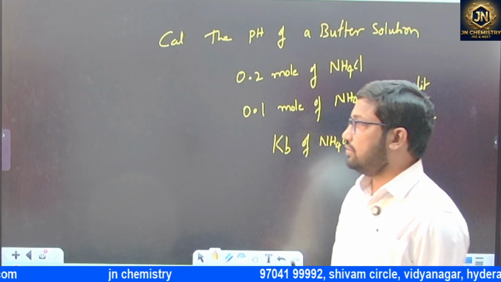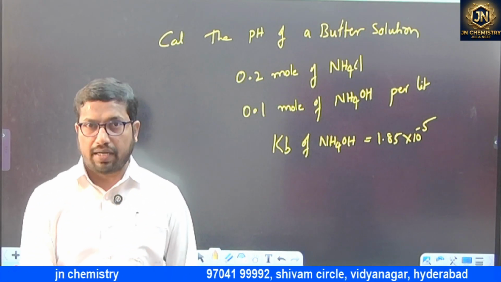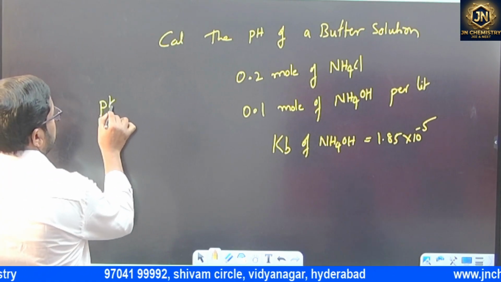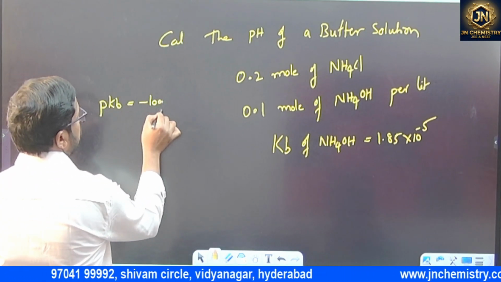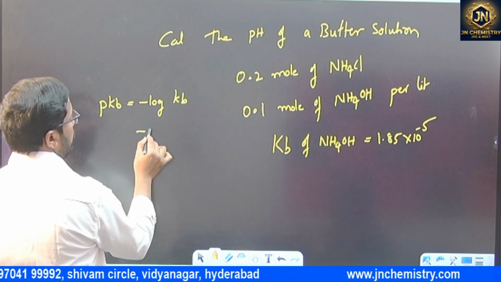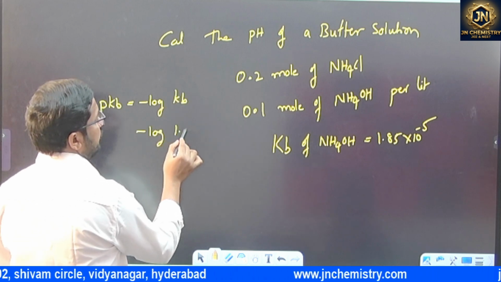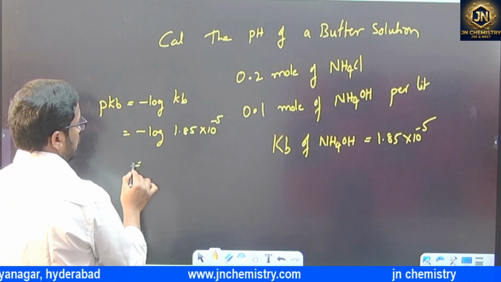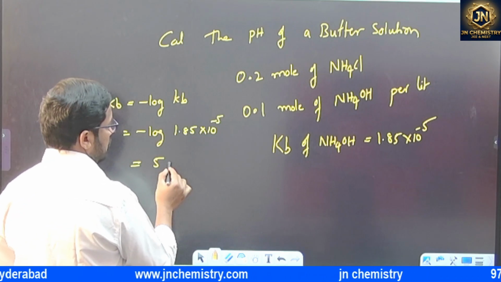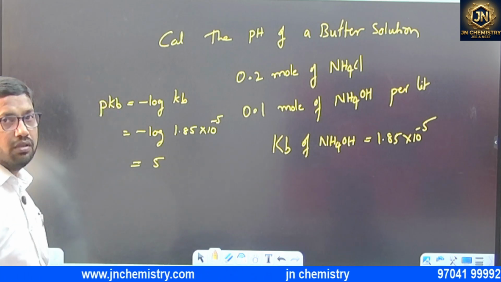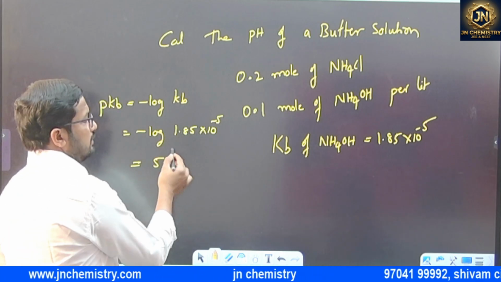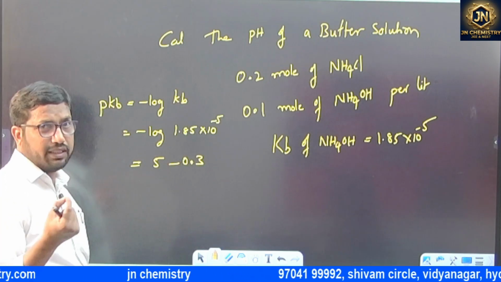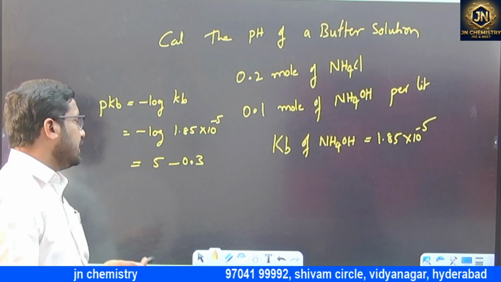Come on, do this easy question. Same thing as we did right now, come on, try it. pKb equals minus log Kb, minus log 1.85 into 10 to the power of minus 5. 5 minus log 2 means what? 5 minus 0.3, so 4.7 approximately.